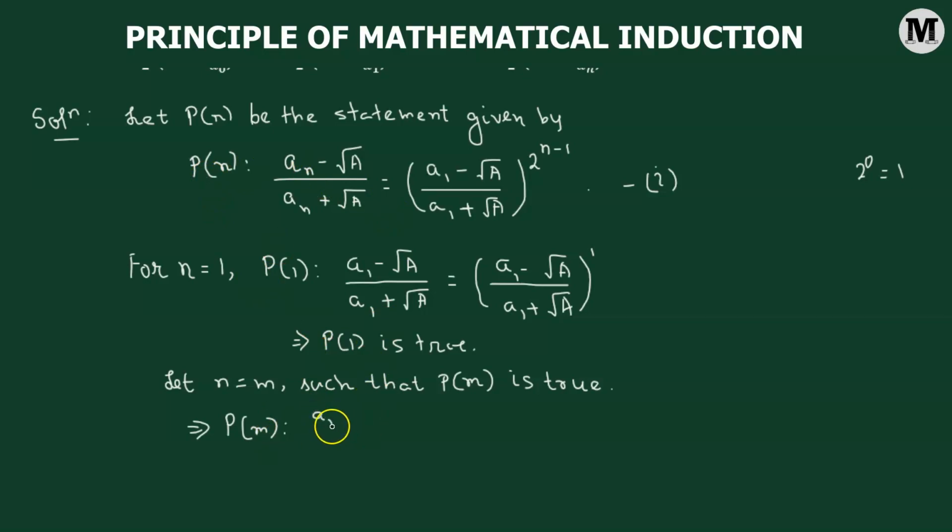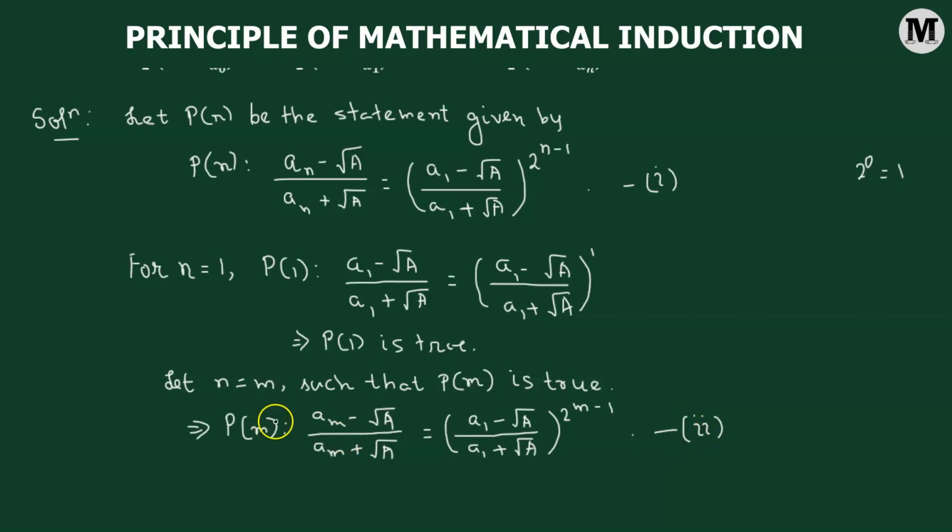So we have (am minus square root of a) whole divided by (am added to square root of a), which is equal to ((a1 minus square root of a) whole divided by (a1 added to square root of a)) raised to the power of 2 whole raised to the power of m minus 1. So let's say this is statement number 2. We are assuming P of m to be a true statement.